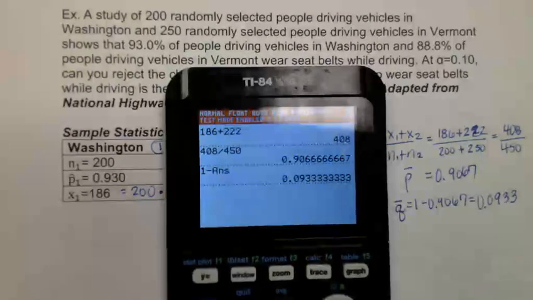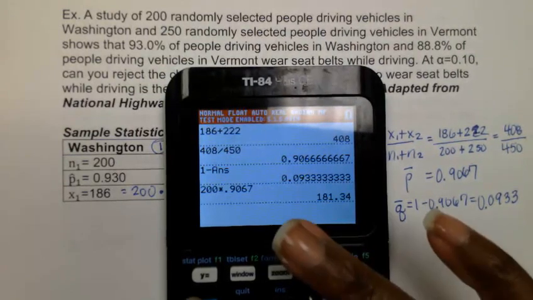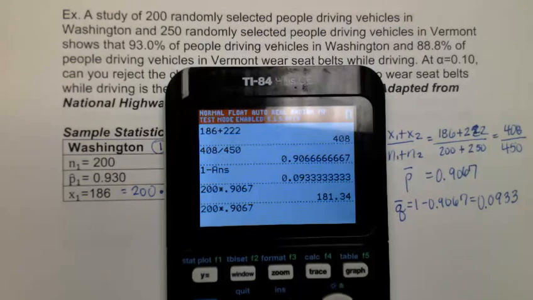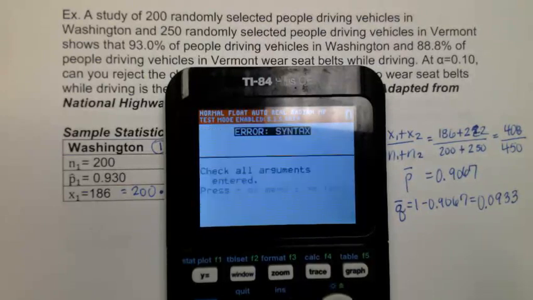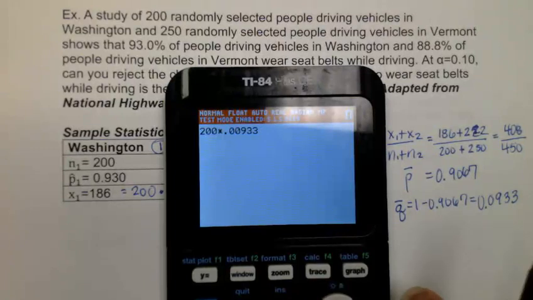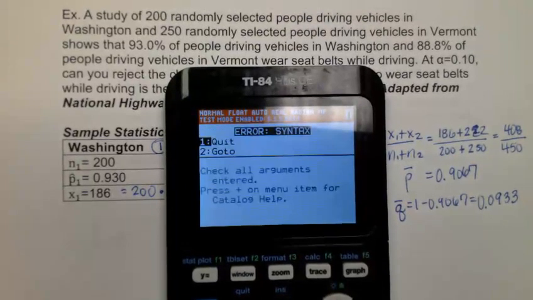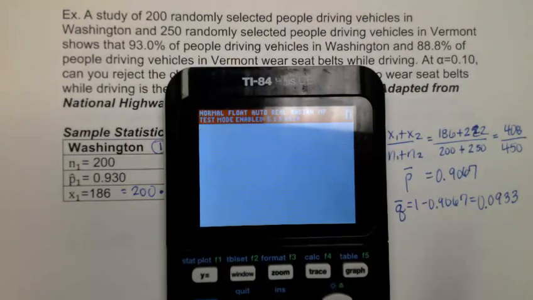If you wanted to check really quickly to make sure you can do your problem, 200 times 0.9067 and 200 times 0.0933 are both over 5.